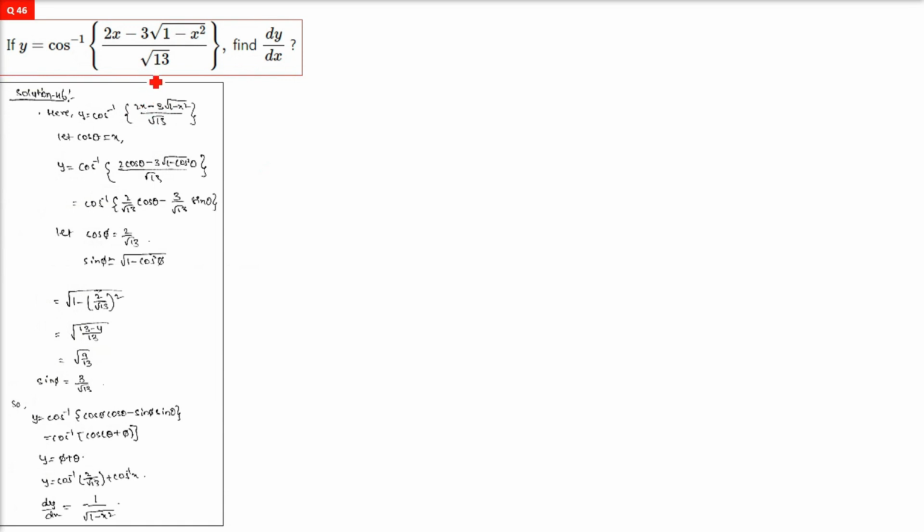In this question, there is a small trick, and that trick, it's not a trick basically, it has come from trigonometry. We have been doing this kind of thing in trigonometry, but here we'll apply that. So the inside thing has to be made in cos. So let us put x as cos theta.